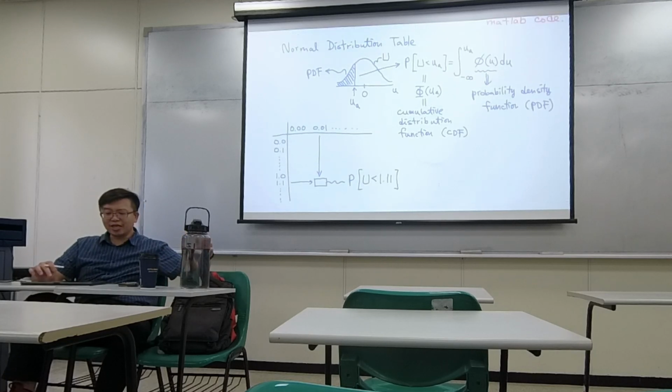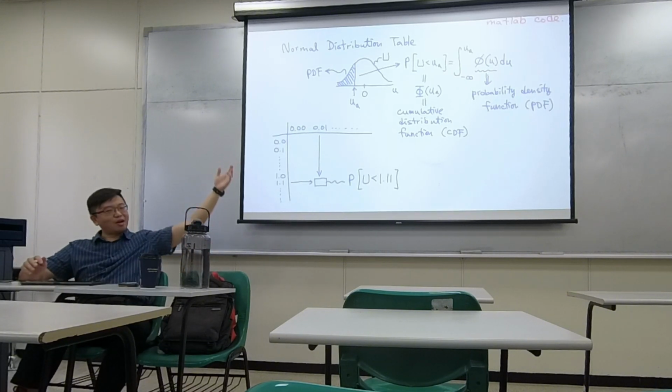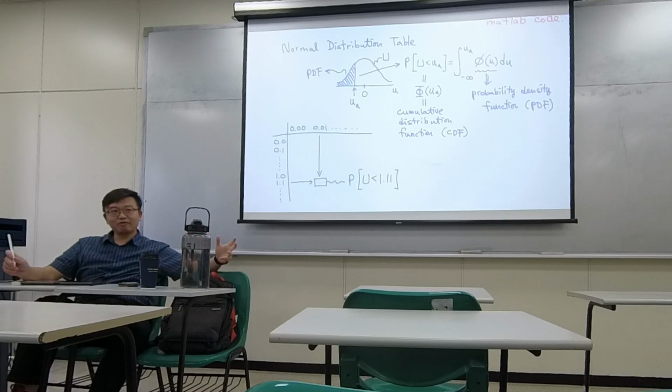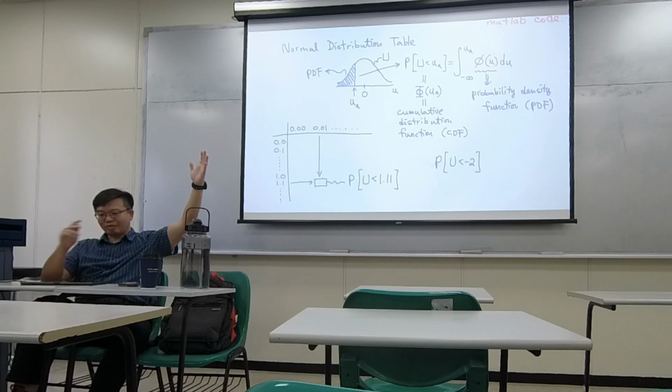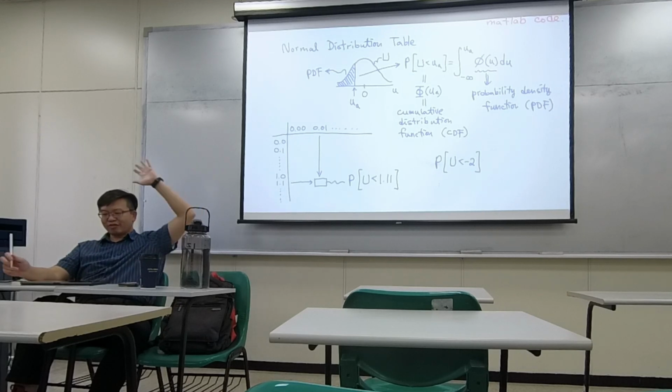And you will realize in most of the normal distribution tables, there's no negative value. But in the drawing on the top, there's actually negative ones. So how do you handle negative values? What you can do is, let's say I'm handling a probability from negative infinity to negative 2.